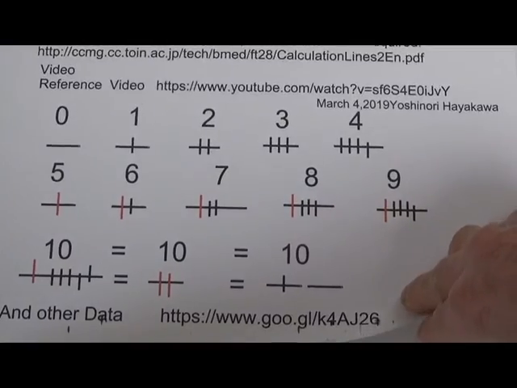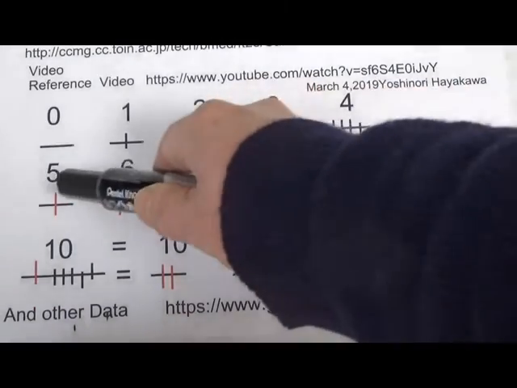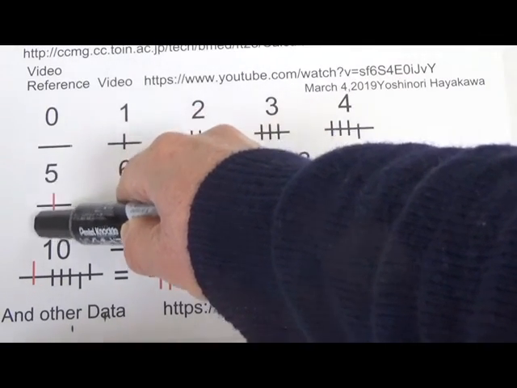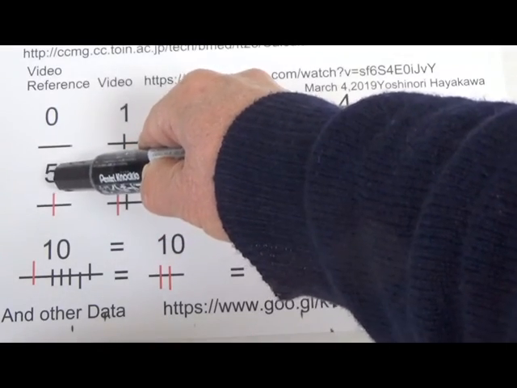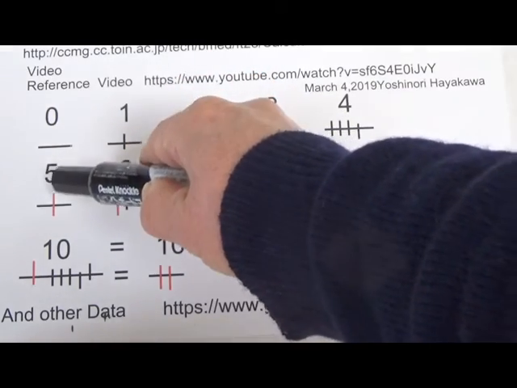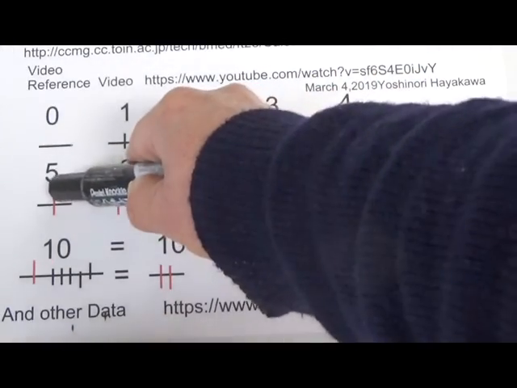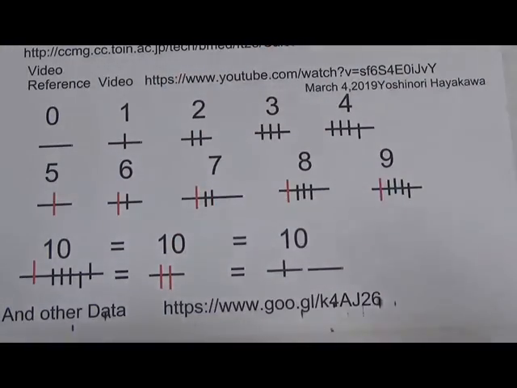So instead, I have introduced line 5. This red line actually shows 5 lines, and the crossing point here with a horizontal one is not 1 but 5 points. That is 5.